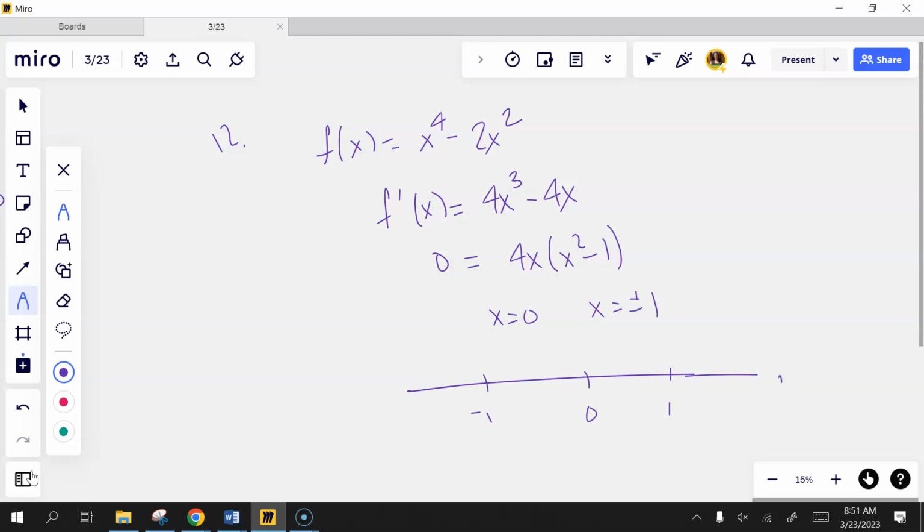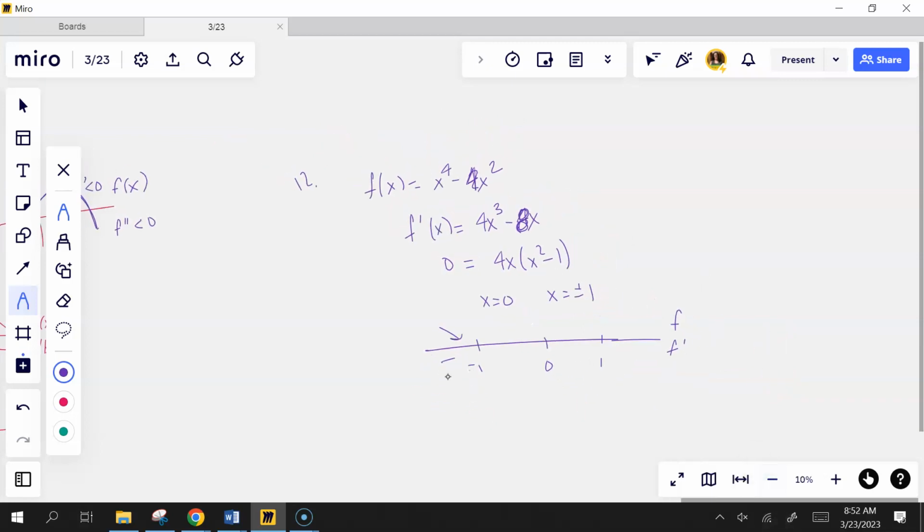So that leaves me with x squared minus 2.